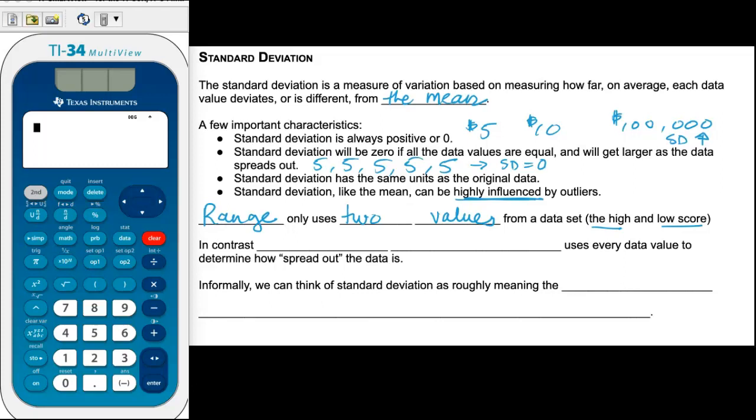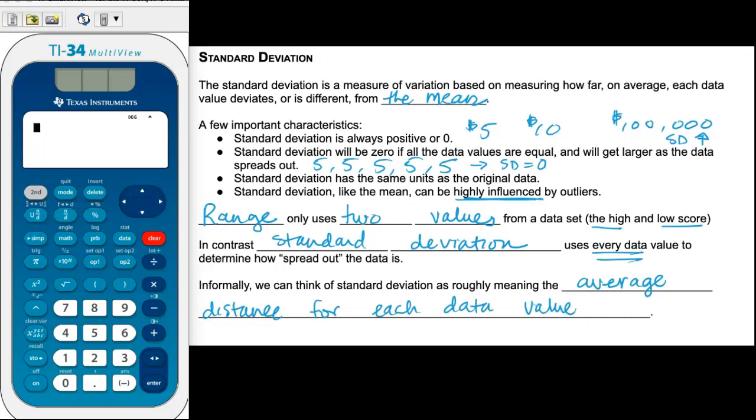In contrast, the standard deviation uses every data value to determine how spread out it is. And informally, we can think of standard deviation as roughly meaning the average distance for each data value from the mean.